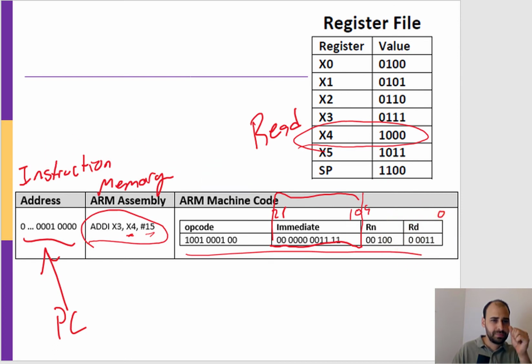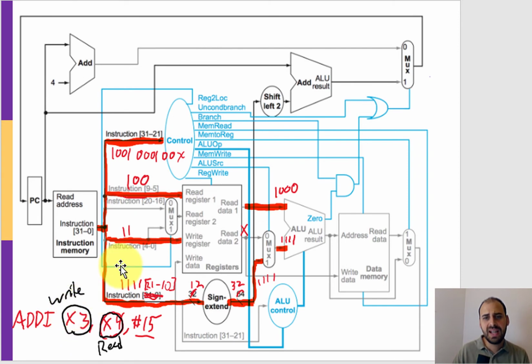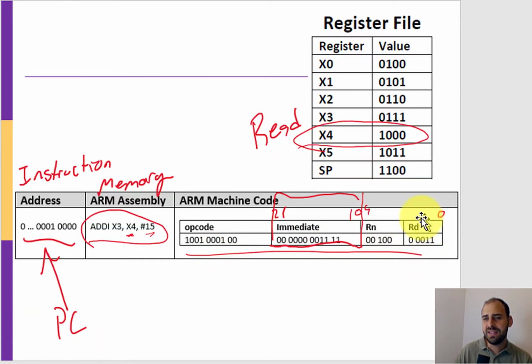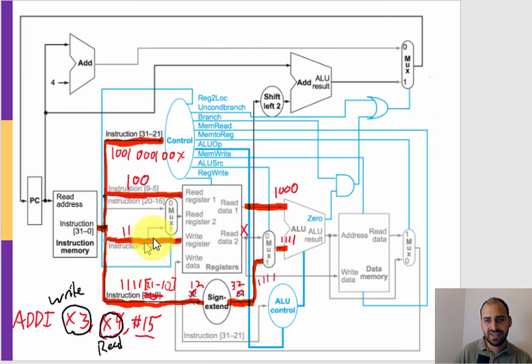I did mention in an earlier video that we get a sense of why the destination register is put in this different position, a little bit out of order from how you write it in ARM assembly. We can actually see that now, that we grab those bits over here and feed them in here. There are times where we want to grab those and feed them in up here, but we'll look at that at a later date.